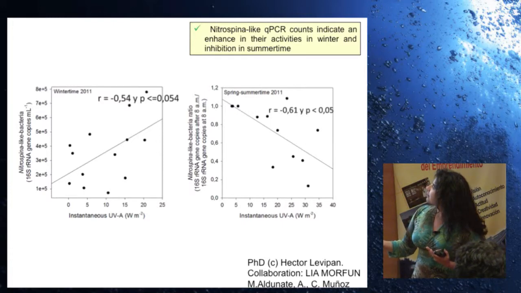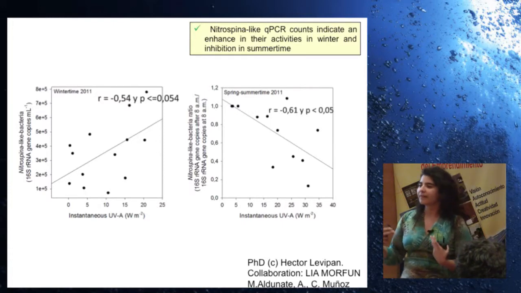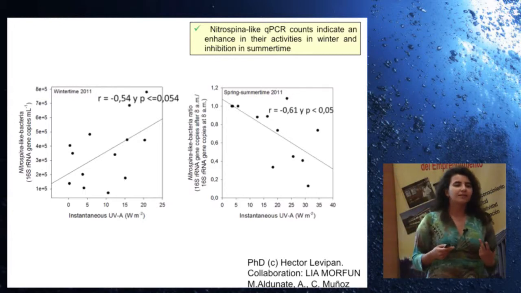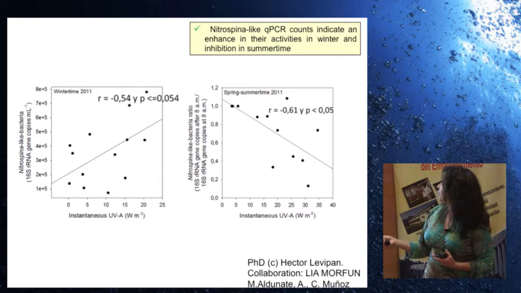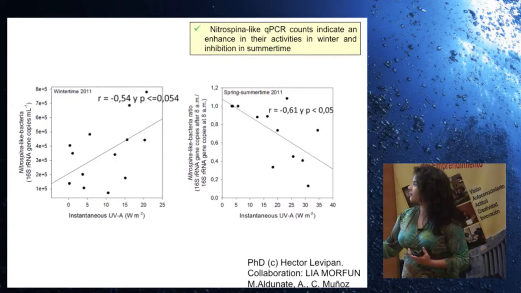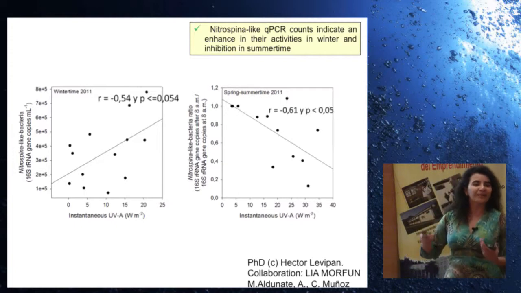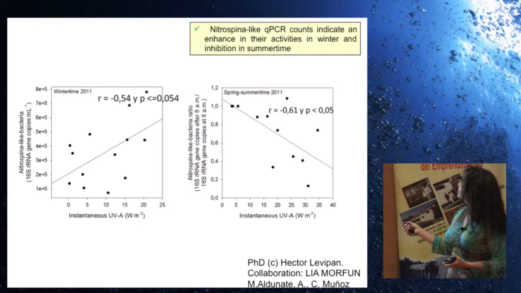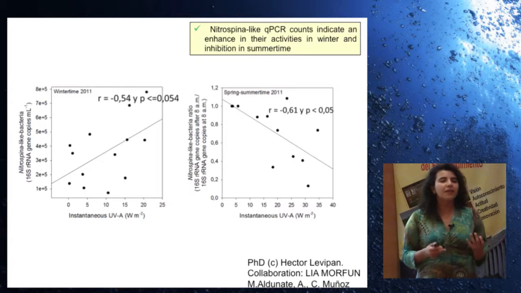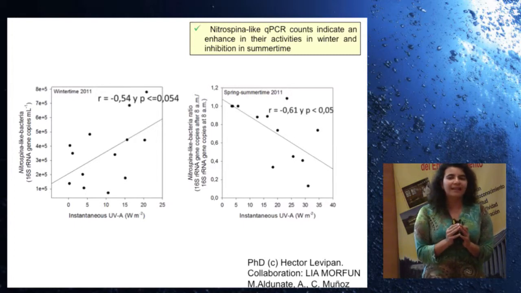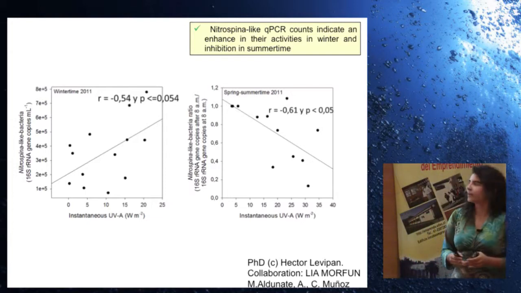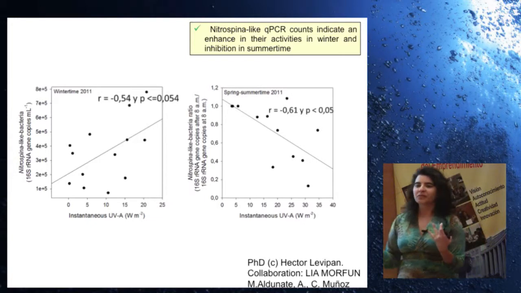In wintertime, we see more or less an enhancement of these qPCR numbers in the phenotypes, with a tendency of increasing their activities, related with the PAR. But during spring and summertime, we see the opposite. So there must be a threshold in the light intensity which affects this nitrifying assemblage of communities. So then we have a different response, and more questions now.